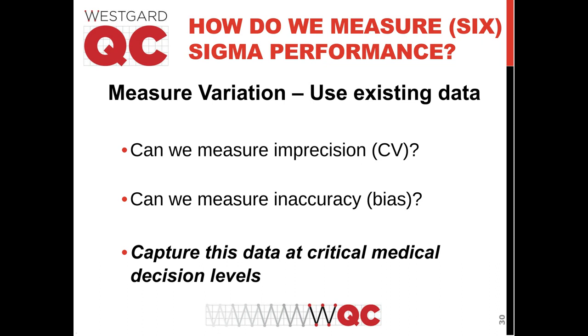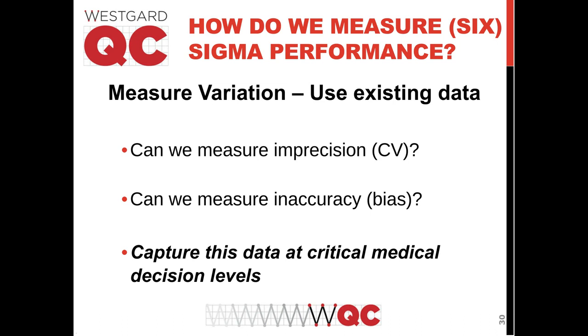And that allows you to determine your bias. Once you know your CV and bias, and again, you've been collecting this data all the time, since the lab opened its doors, you've been collecting CV and bias. So really the only piece of information that may be a little bit new to you is that total allowable error or performance specification.